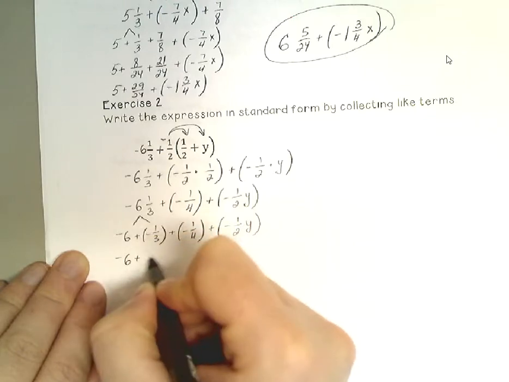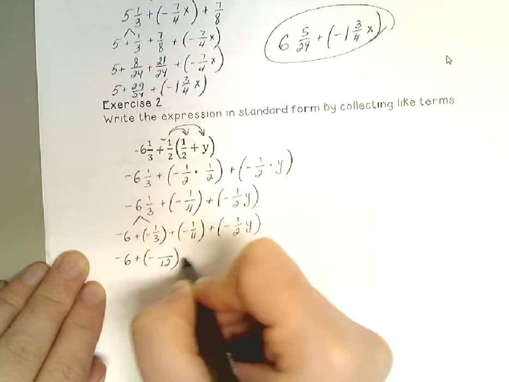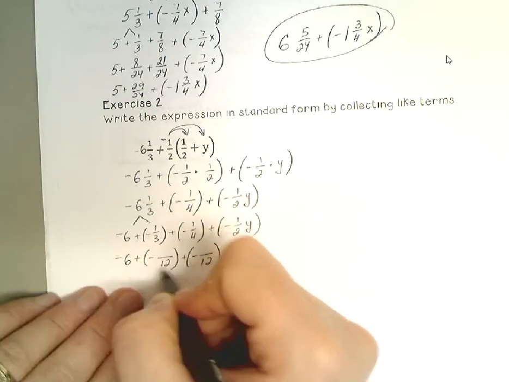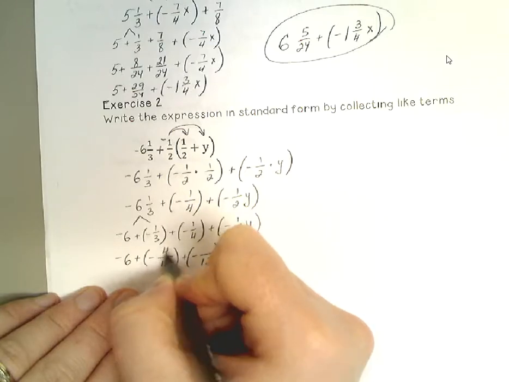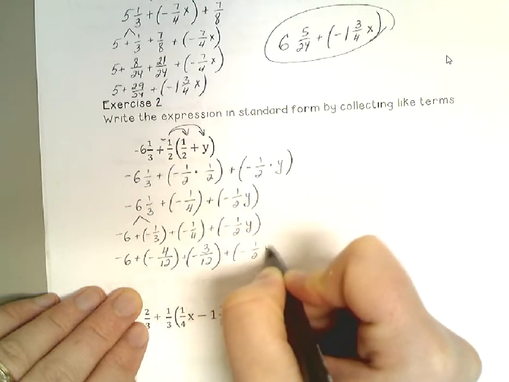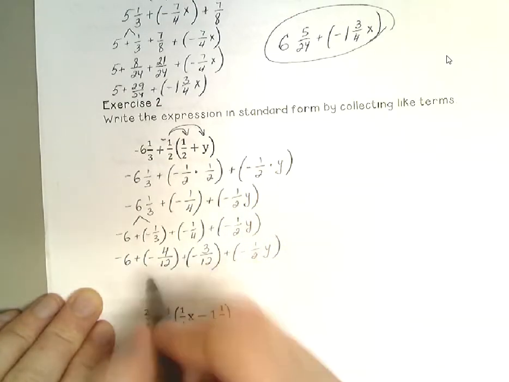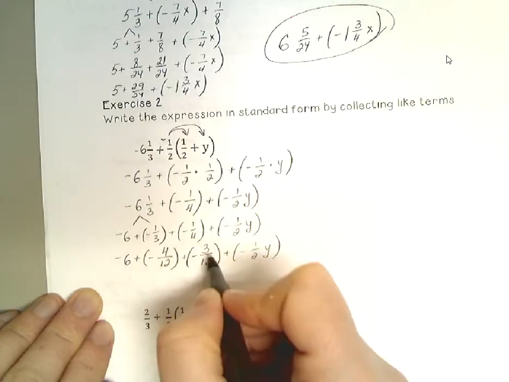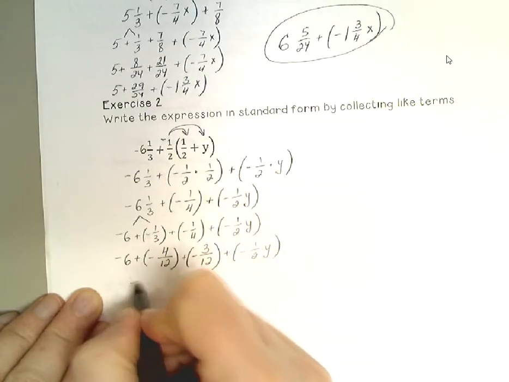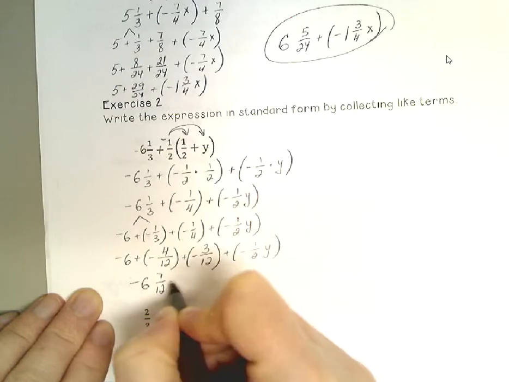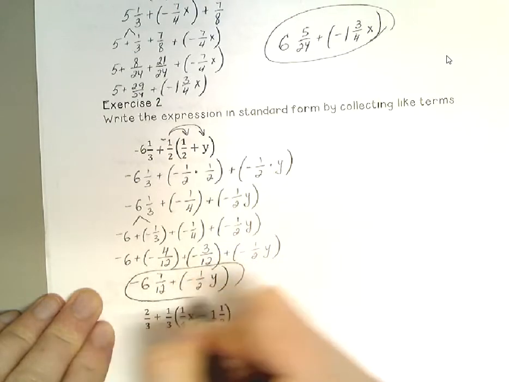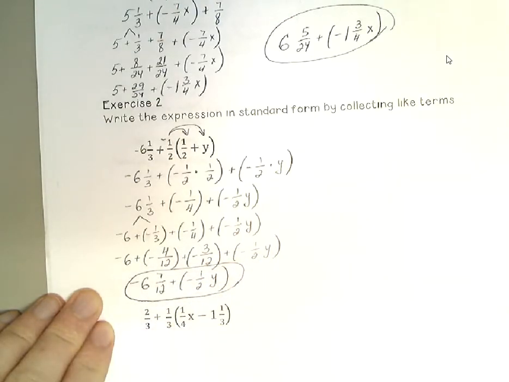Negative 6 plus negative 4/12 plus negative 3/12, because 3 times 4 is 12, so 1 times 4 is 4, and 4 times 3 is 12, 1 times 3 is 3, plus negative 1/2 y. So here I will have negative 4/12 plus negative 3/12 is negative 7/12. Negative 6 and 7/12 plus negative 1/2 y. And that is my answer because I can't simplify anymore or add any more like terms.